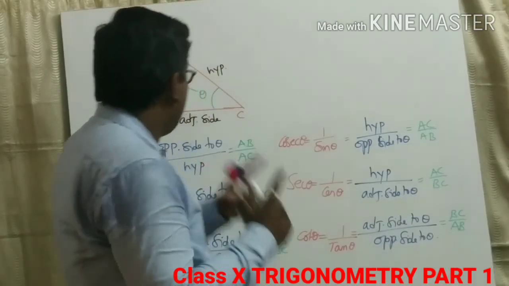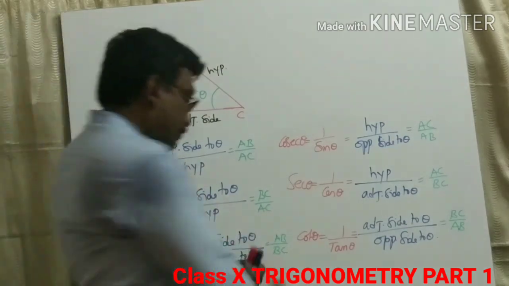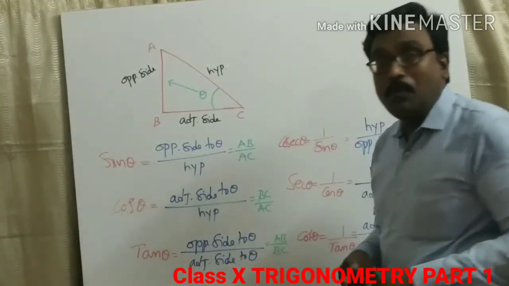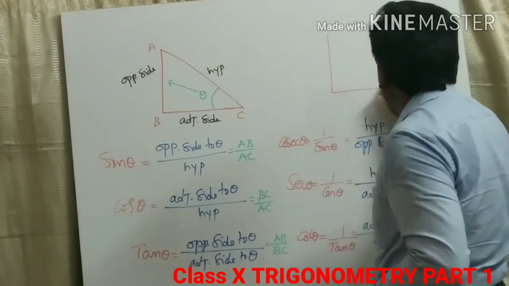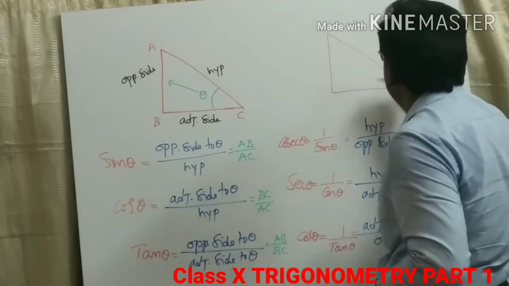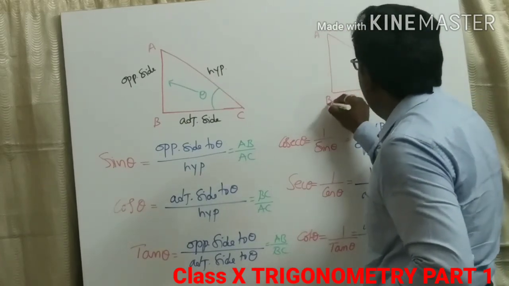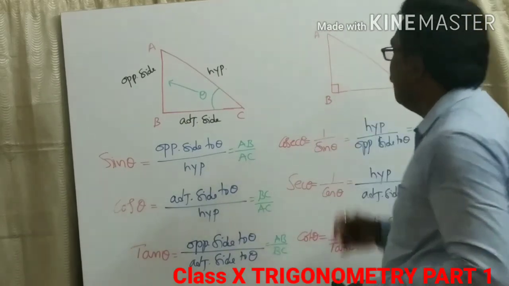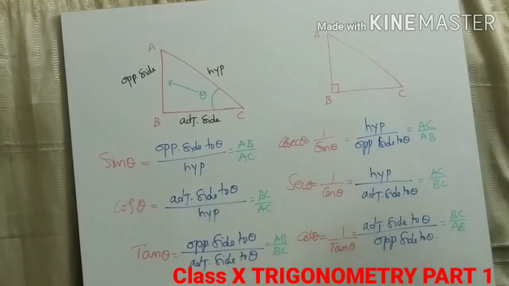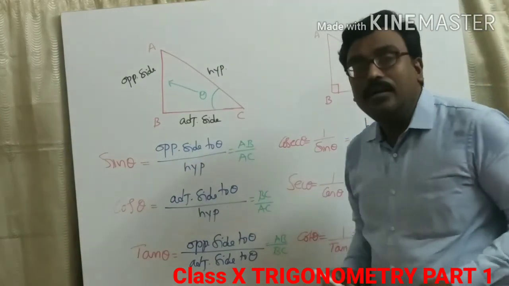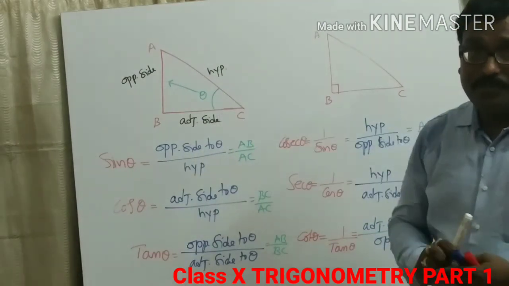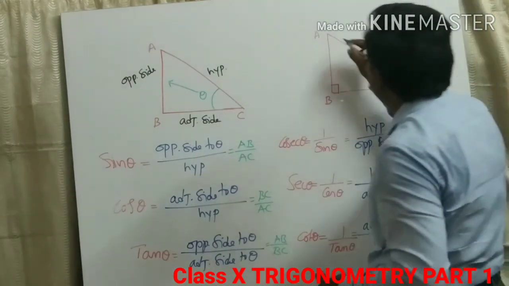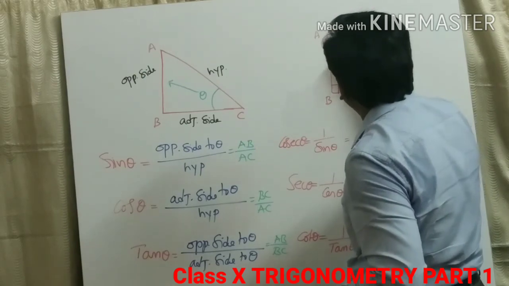Okay. Now, one thing should be clear here. Suppose in right angle triangle ABC, angle B is 90 degrees. Here I marked theta. This is not the permanent place to put theta here. Theta can change to here also.